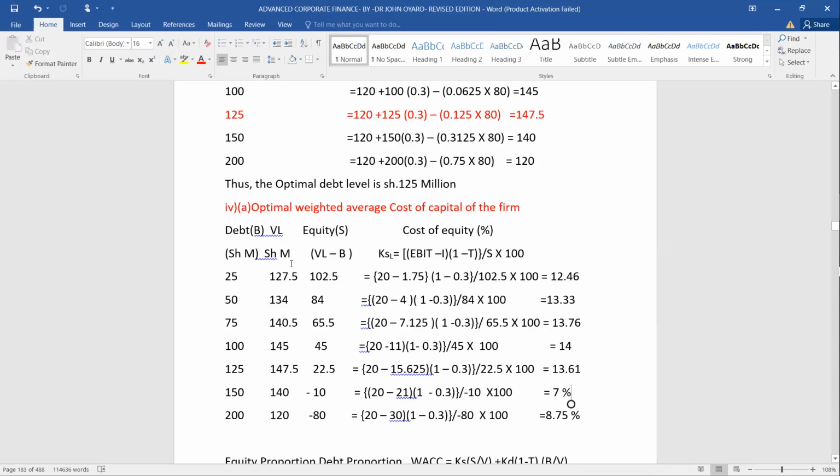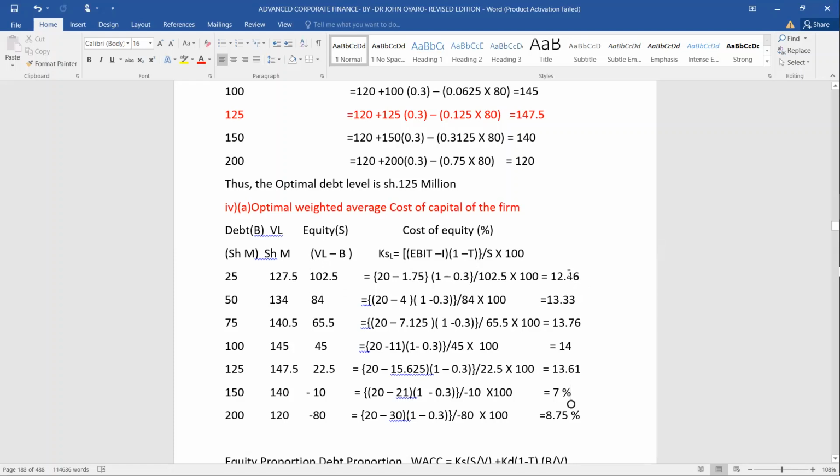1.75. Now that 1.75 you subtract from operating income. So 20 minus 1.75 times 0.7 divided by the market value of equity, which is the residual, 102.5, times 100.